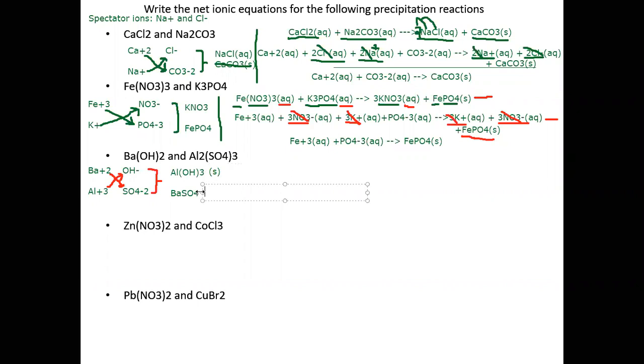So for sulfates, the insoluble sulfates are calcium, strontium, silver, lead 2+, and barium. So barium sulfate is an insoluble salt. And again, the way I know these is by referring back to the solubility rules. So now we write our molecular equation.